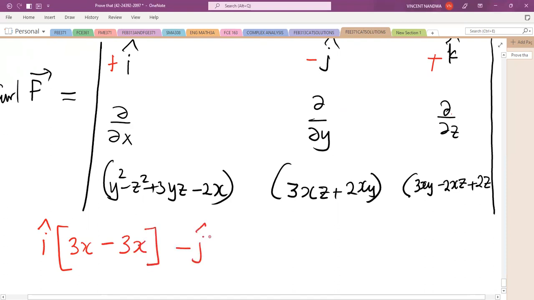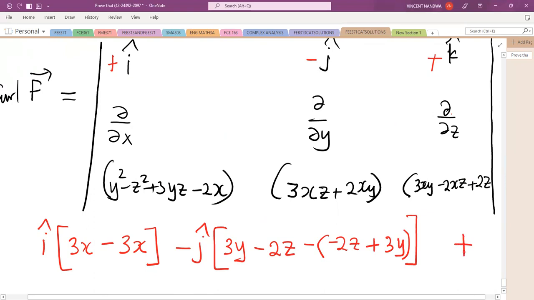Then minus j. Now, deleting the row and column for j, I'll have partial x of 3xy minus 2xz plus 2z, which gives 3y minus 2z, and then minus partial z of this component, which gives minus 2z plus 3y.